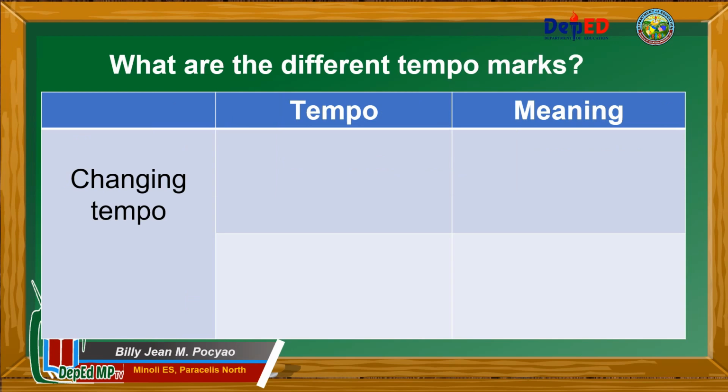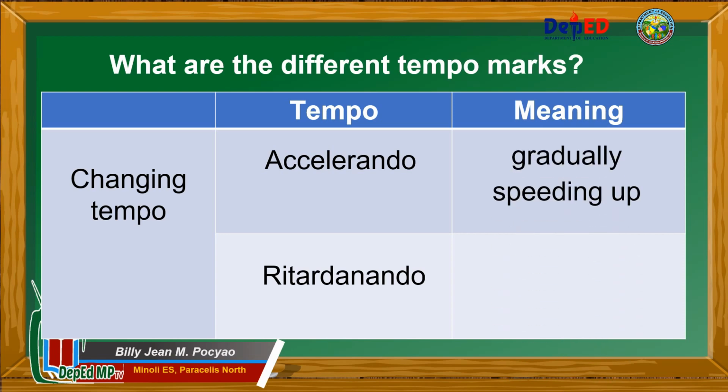We have here the changing tempo, like accelerando and retardando. Accelerando is gradually speeding up, and retardando is gradually slowing down. Accelerando and retardando can be used anywhere in the composition.